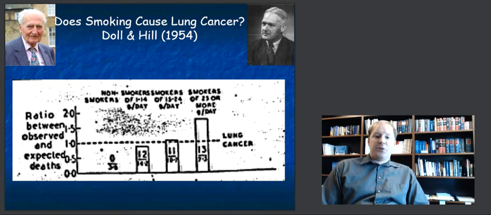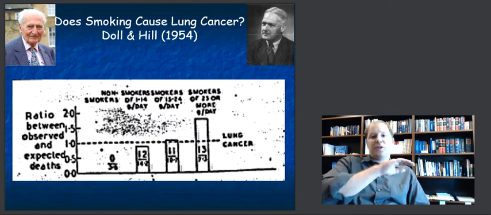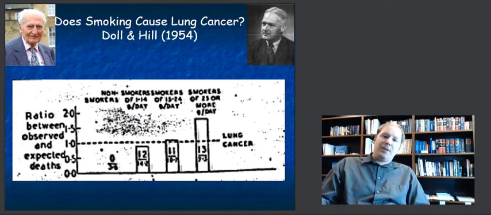And they put this into a graph form where they looked at the ratio between the observed deaths and the expected deaths. That is, the number of deaths you might expect if lung cancer were just randomly distributed among the population as opposed to among smokers. And what you see is, again, a gradient curve here.